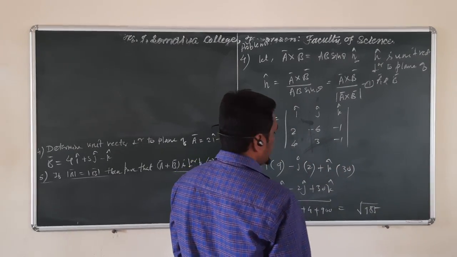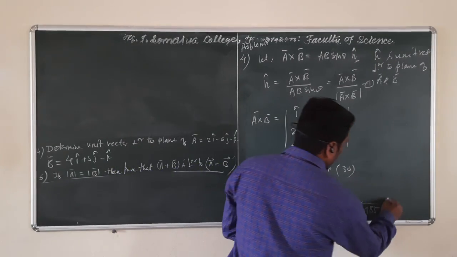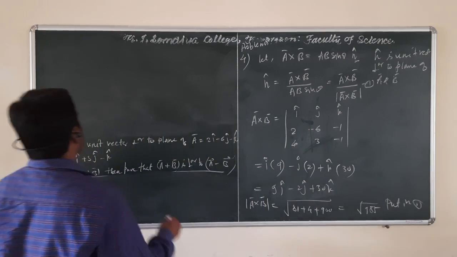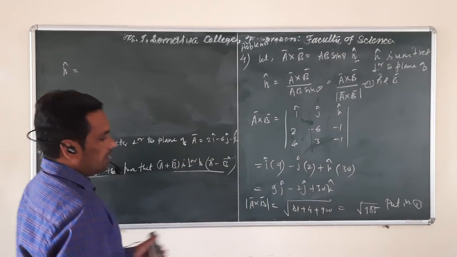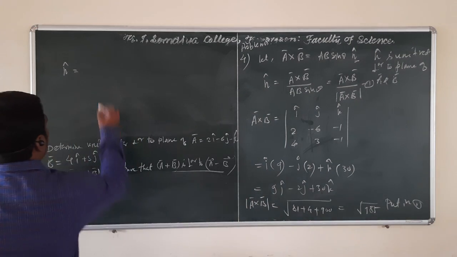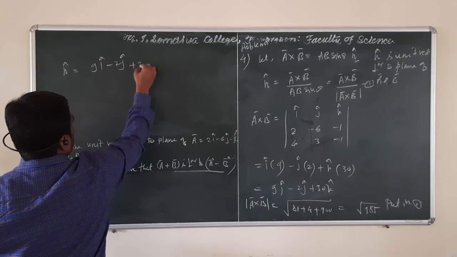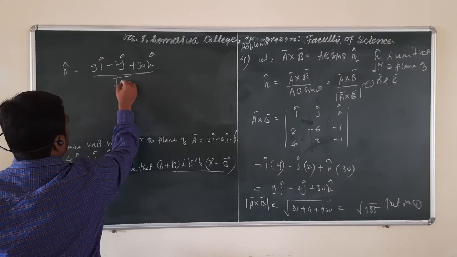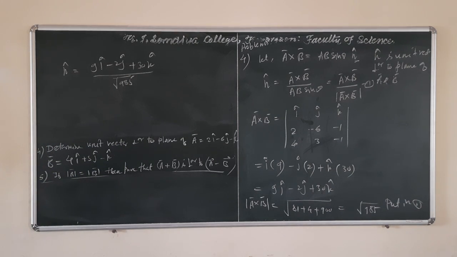So n cap is equal to, putting in equation 1, A cross B divided by this: 9i minus 2j plus 30k divided by the square root of 985. So this is the unit vector which is perpendicular to the plane of vectors A and B.